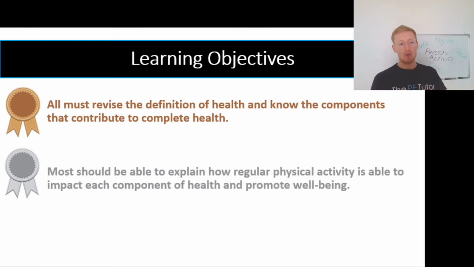And then most of us should be able to know how regular physical activity is actually going to play a bigger role. So maybe have some examples, maybe have some suggestions and recommendations for people to go off and do, to hopefully impact on this all-round health that we have.